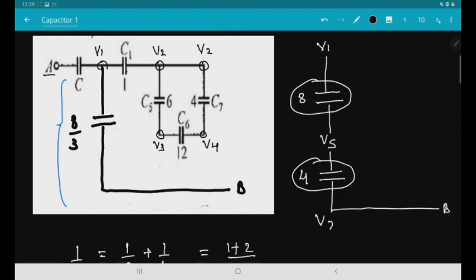So this whole branch can be replaced by a single capacitor of 8 by 3 going up to this B point.